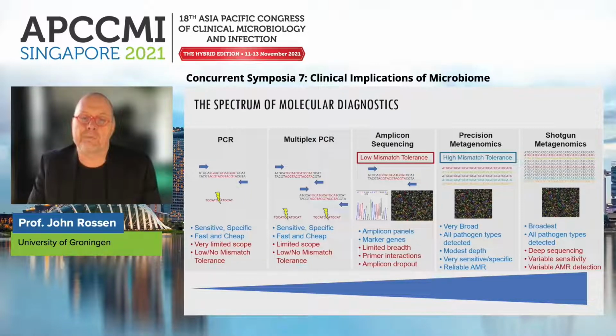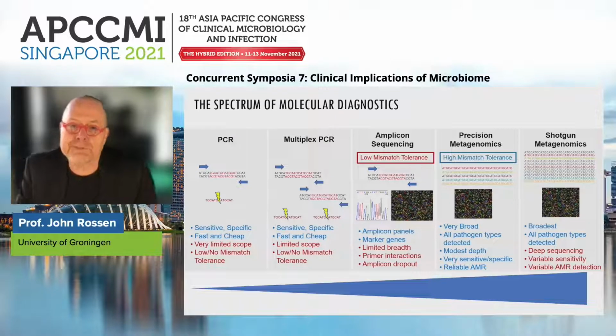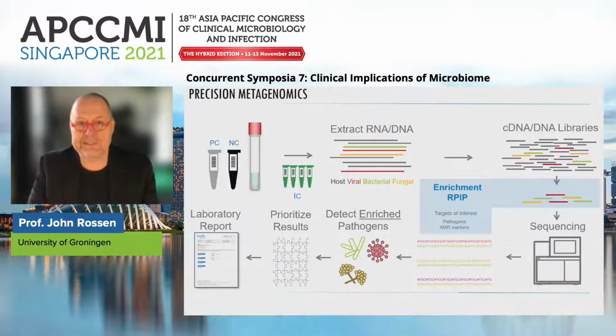Now, precision metagenomics is very broad, can detect all types of pathogens, and can be sequenced at moderate depth because it is very sensitive and specific, and also reliably detects antimicrobial resistant genes. Let me give you an example of precision metagenomics.